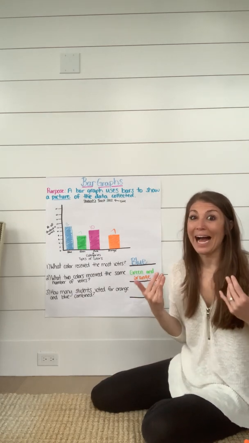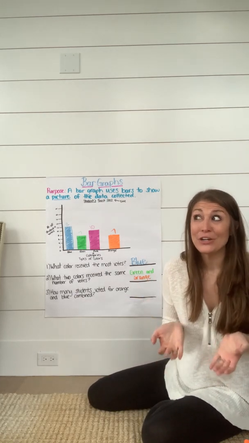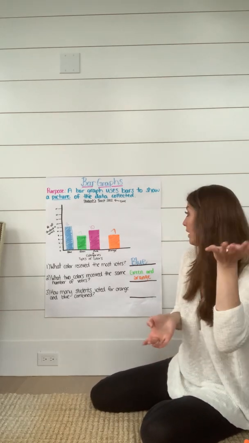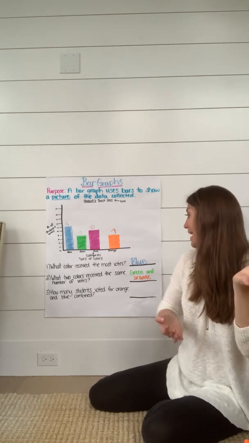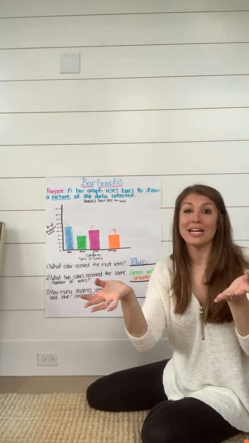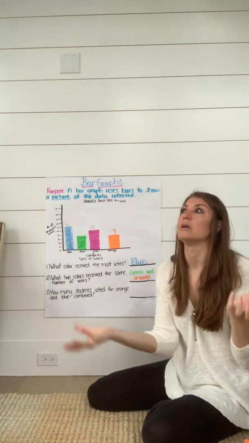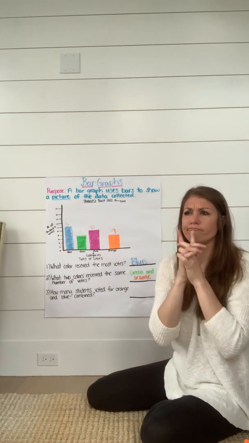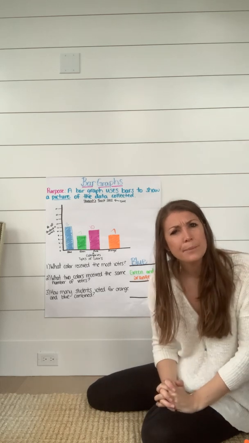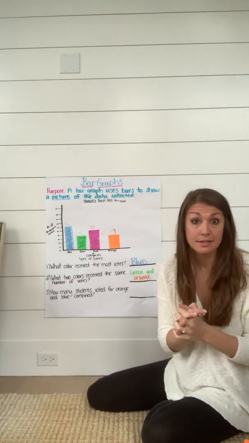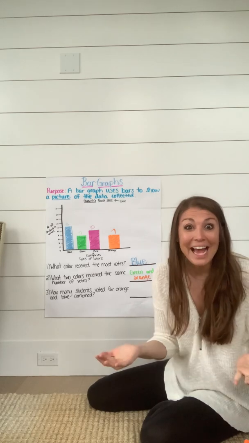Now this question asks, how many students voted for orange and blue combined? Whoa. I think I have to do a certain operation in this problem. So I have 12 for blue, and I have 7 for orange, and I have to combine them. So I have a part and a part to make it a whole. What operation am I going to use if I am combining 2 parts? Yeah, addition.